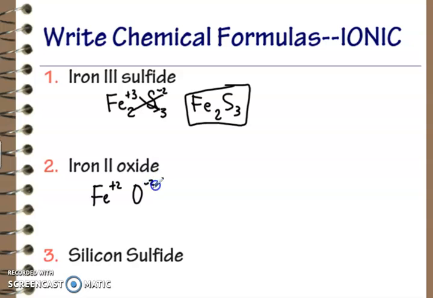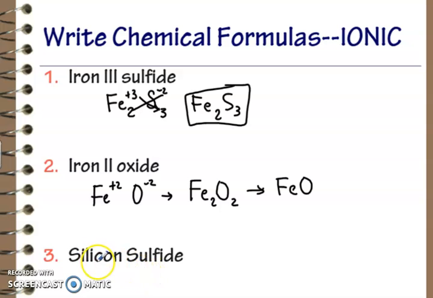You can probably see that you're going to get a 2 to 2 ratio again, or like some kids like to say, this cancels itself out. But it's a 1 to 1 ratio, so let me just do the teacher talk here. The 2 comes down, the 2 comes down, so you get Fe2O2, and then those will change to a 1 to 1 ratio because we'll reduce it. That's it. We don't write ones.